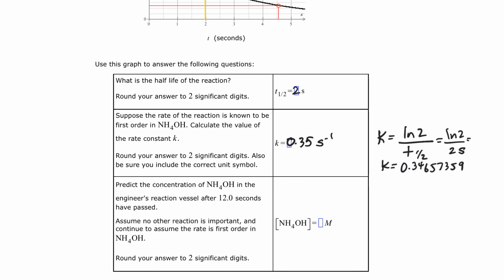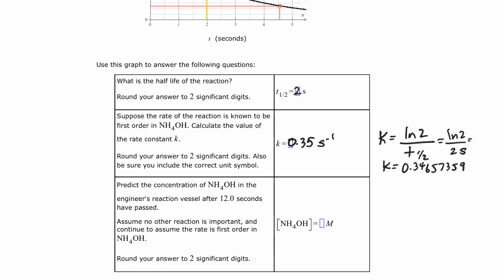Right? So it's 1.2, your molarity is 1.2, and you're dividing it by 2, 6 times. So that's 2 to the 6.